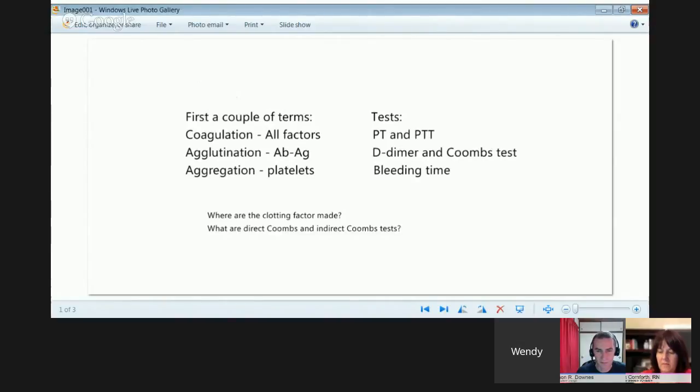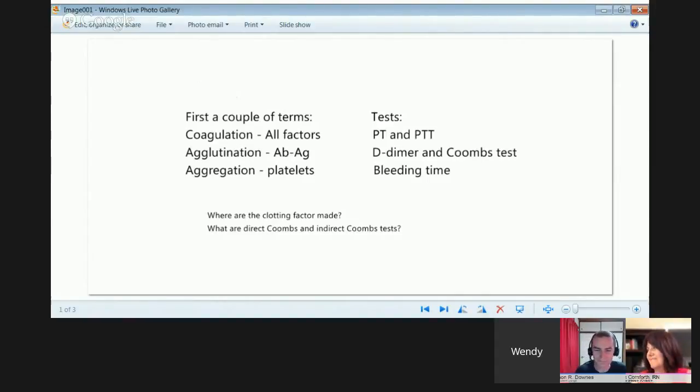Is that right? PTT is intrinsic and PT is extrinsic. That's correct. And PTT would be associated with heparin, and PT with warfarin. That's correct. Okay, well, I've learned a little bit. Good job. Thank you, Picmonic.